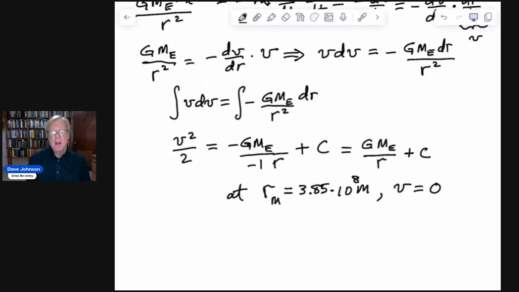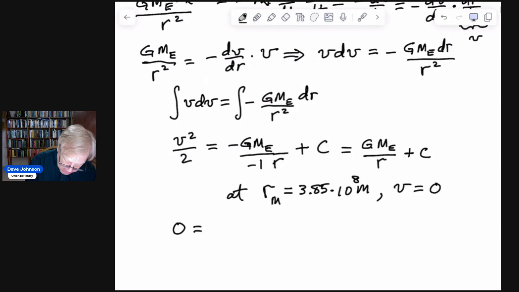I'm assuming that once the moon has released the Orion spacecraft, and now the Orion is in free fall, it starts at 0 velocity. So on the left side, we'll get 0. Let me go ahead and write it this way.